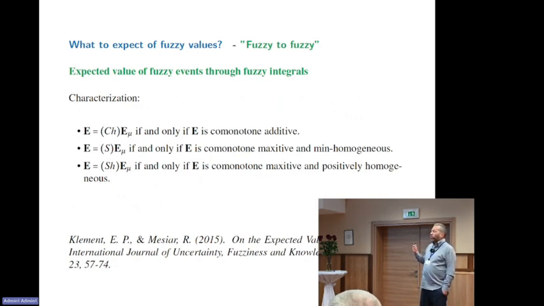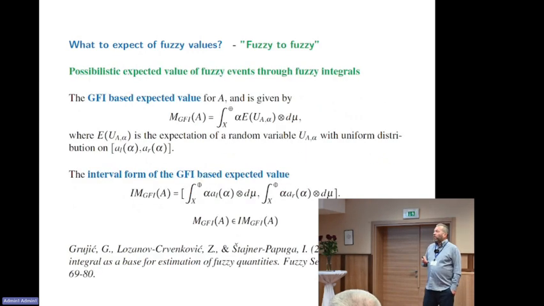If it's comonotone maxitive and min-homogeneous, it must be a Sugeno. And finally, Shilkret if it's comonotone maxitive and positively homogeneous.